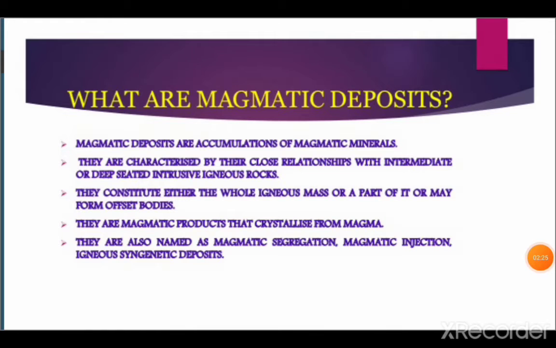The magmatic deposits are characterized by their close relationship with intermediate or intrusive igneous rocks. They are magmatic products that crystallize from magma. These are formed in either the whole igneous body or a part of the body.